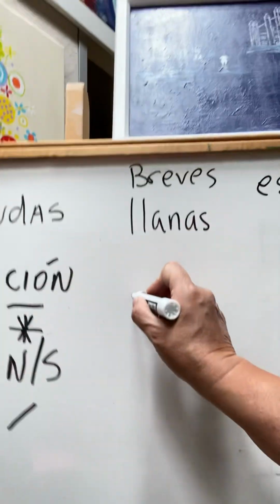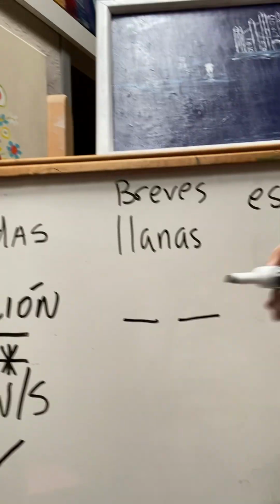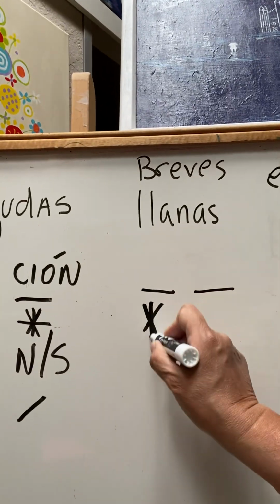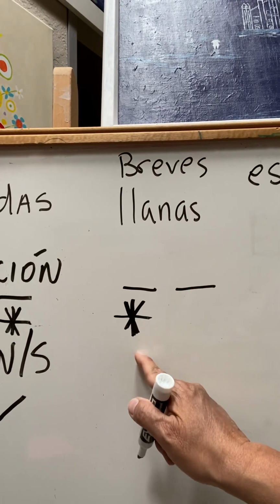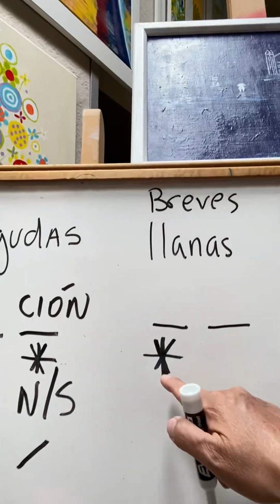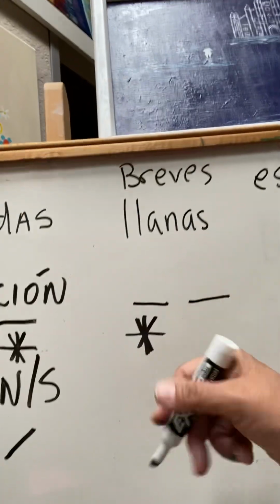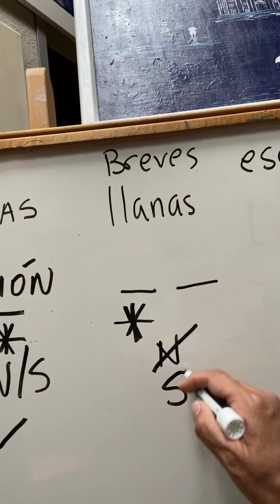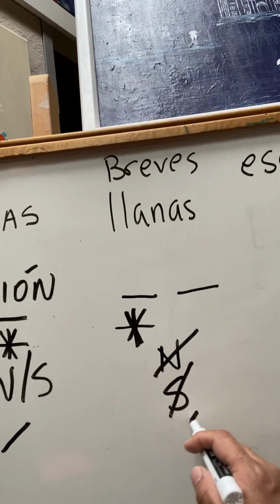Breves o llanas, again, have a minimum of 2 syllables. So it goes at least 2 syllables, but the tonic accent is second to the last, right here. So we have the tonic accent right here, and it cannot end in an N or an S to have a written accent.